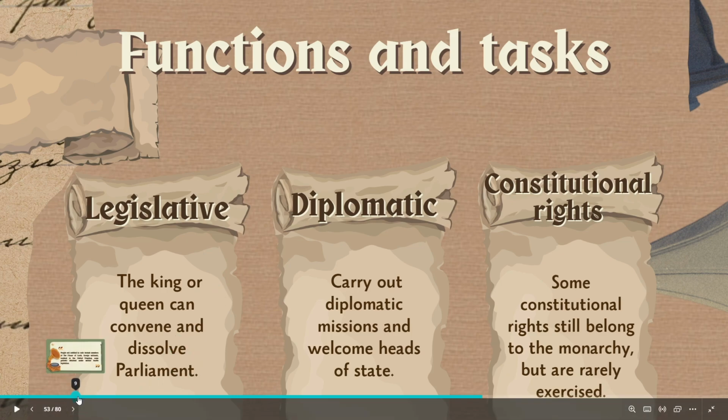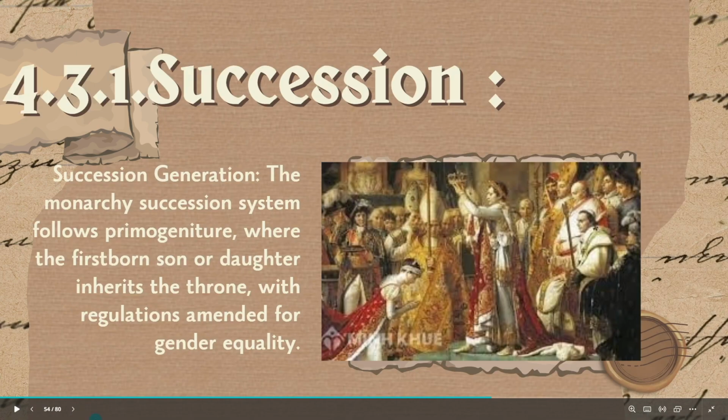So next, succession. Succession in a monarchy, especially in the United Kingdom, involves the process and the rules governing who is entitled to inherit the throne.